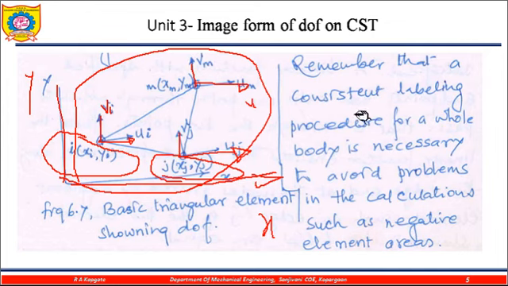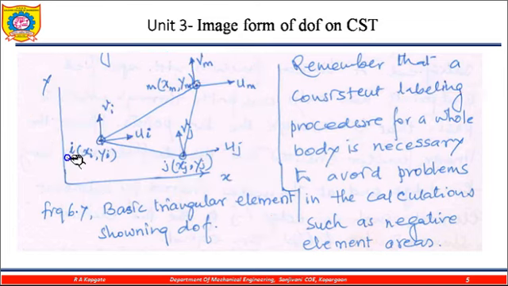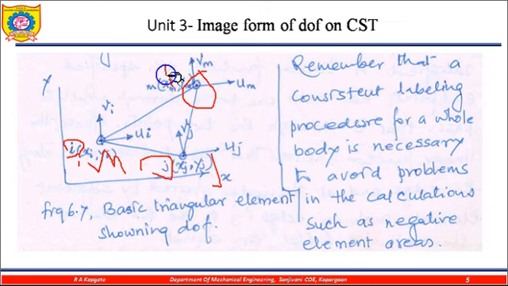I need to keep the labeling in the right way. If I make mistakes in the labeling, there is a possibility of a lot of mistakes. So when labeling, I write this one as the I node, this as the J node, and this as the M node. If I instead write M here, then J, and here I, there is a lot of possibility of mistakes, and ultimately we could not solve the problem in the right way.